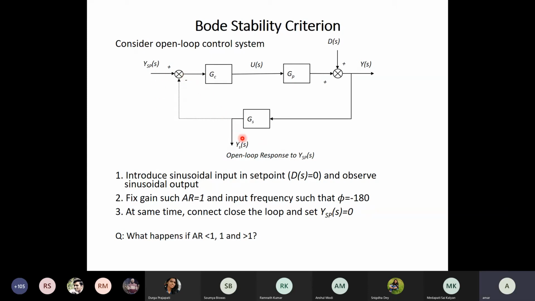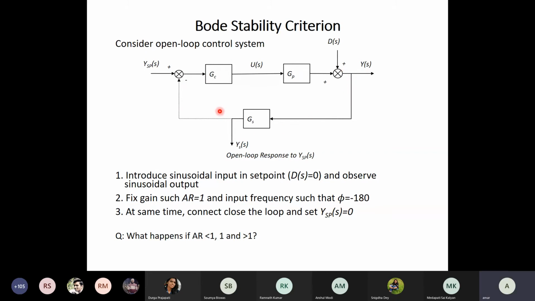If this AR is less than 1, if I connect the system before the crossover frequency where the phase lag is less than minus 180 degrees, then what will happen?